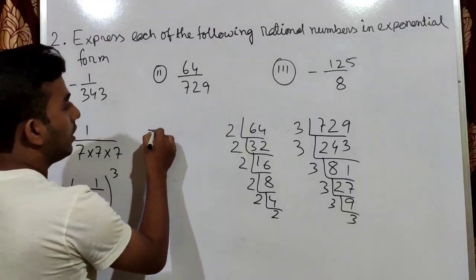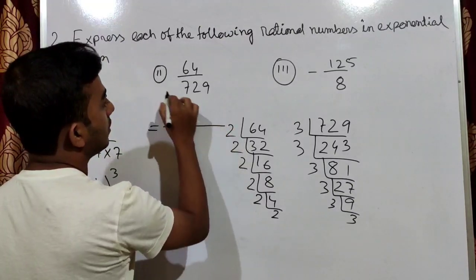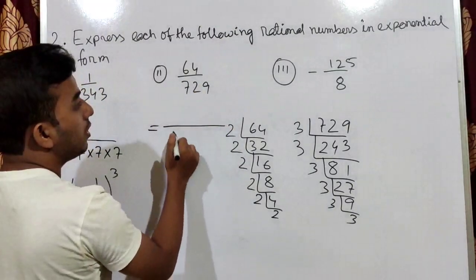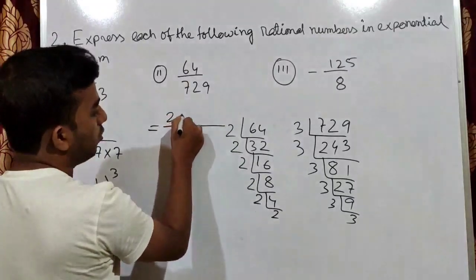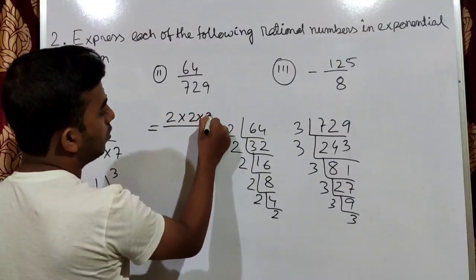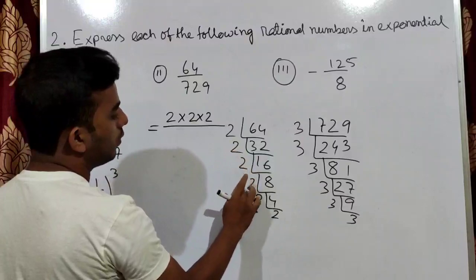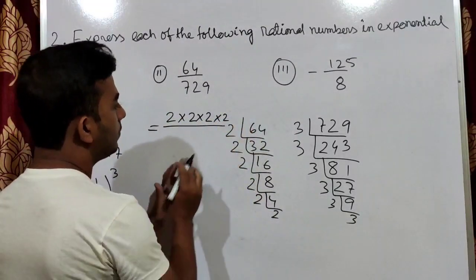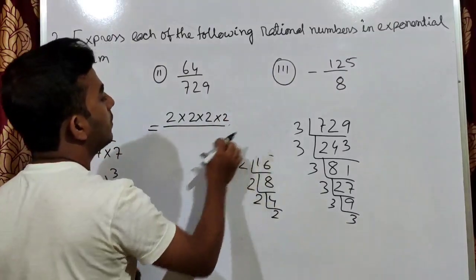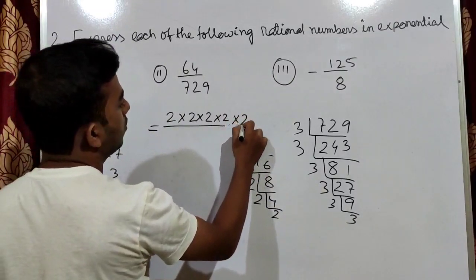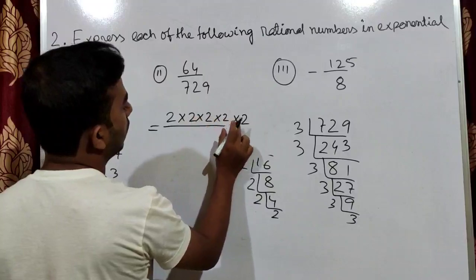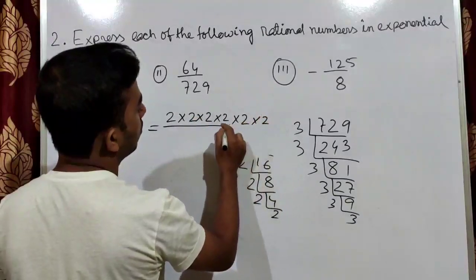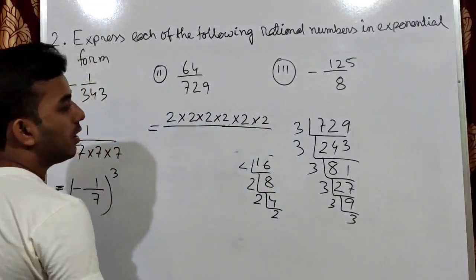Now we can write 64 divided by 729 as 2 into 2 into 2 into 2 into 2 into 2, that is 6 twos in the numerator.